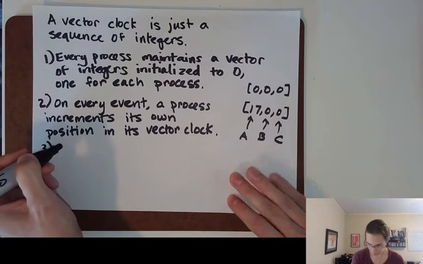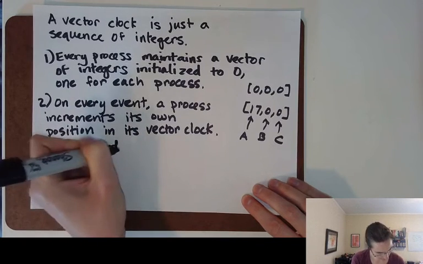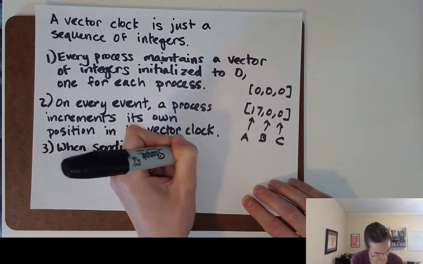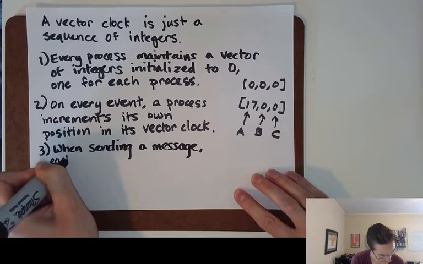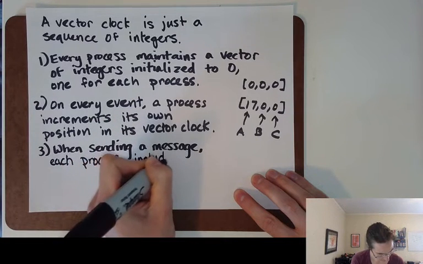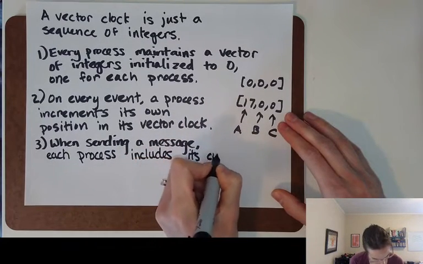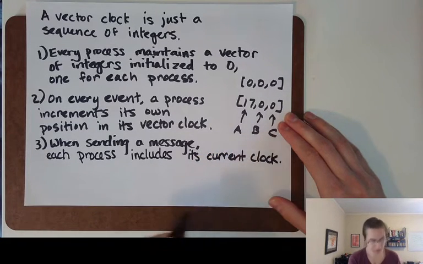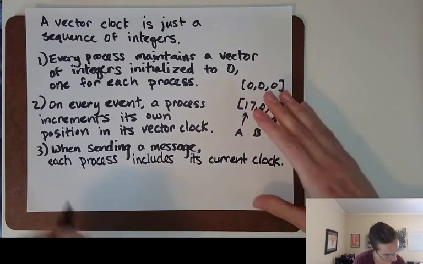When sending a message, each process includes its current clock. And this is after incrementing its own position, because a send is an event.